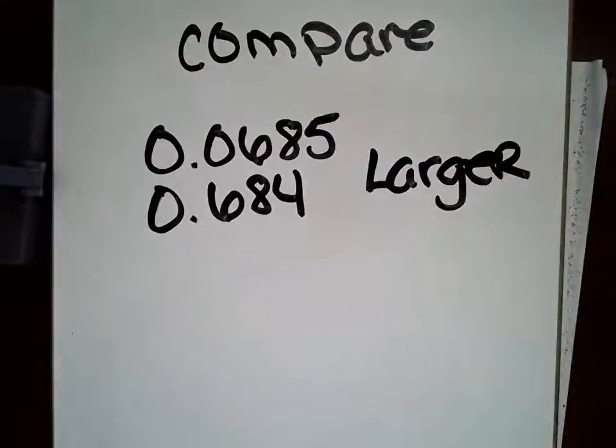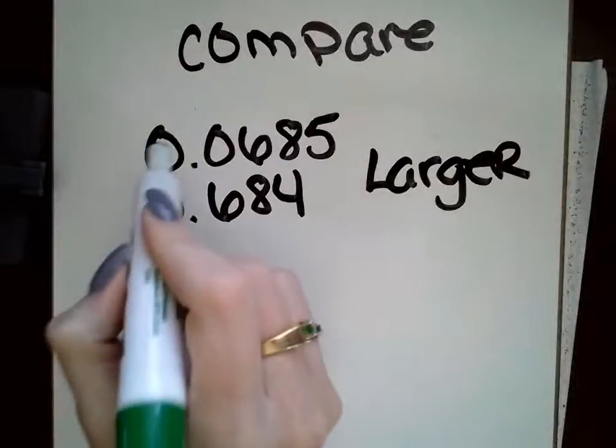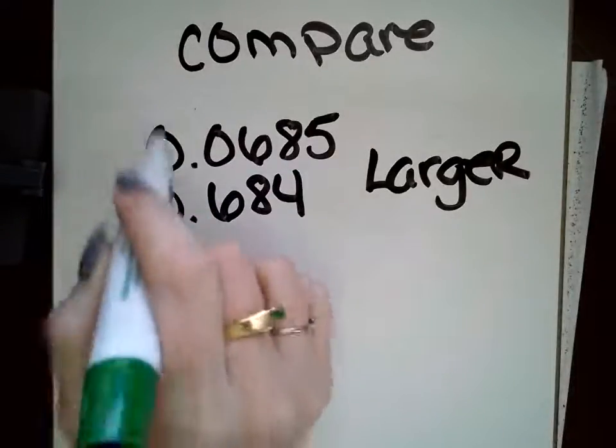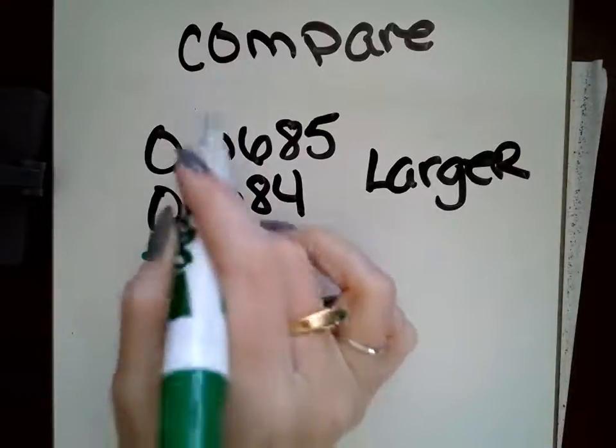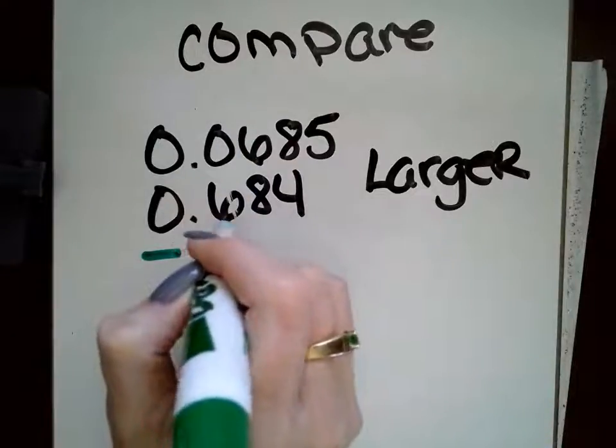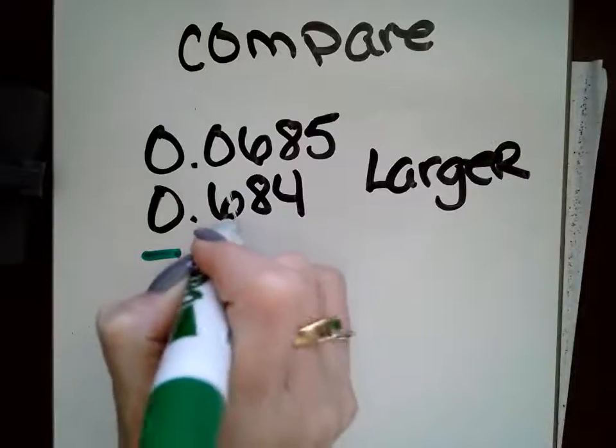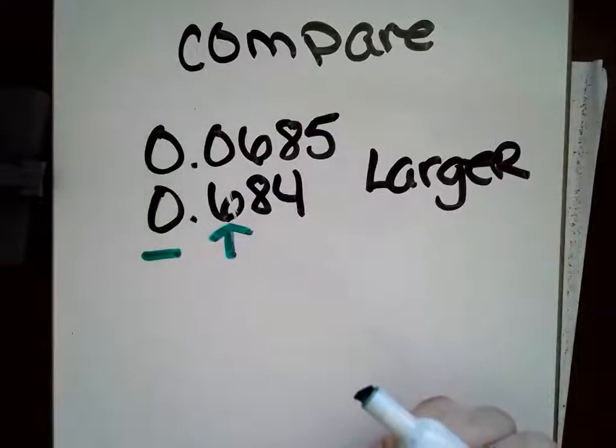We simply work left to right, place value by place value. So we see that the zeros are the same. We can't compare. When we come to our tenths place, well, this 6 is larger. Because the 6 is larger, we don't have to go any more.